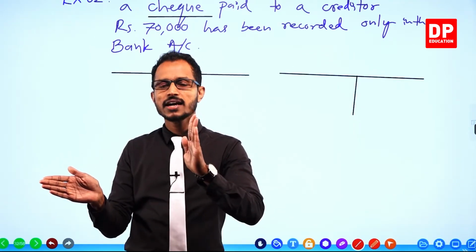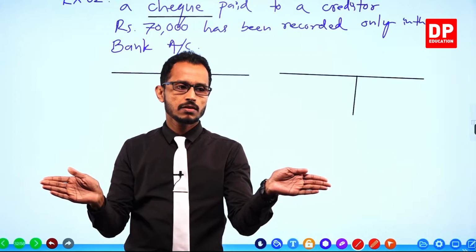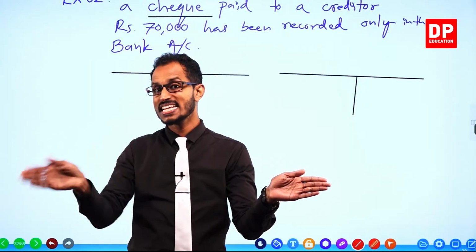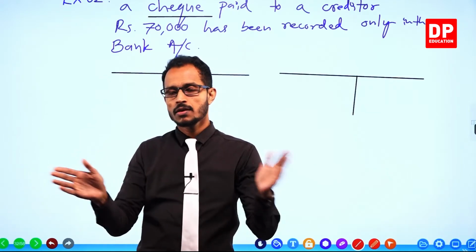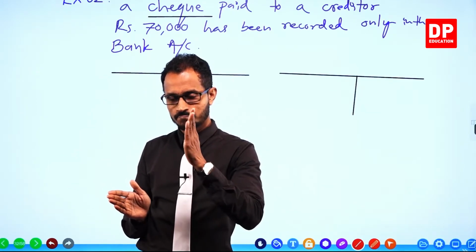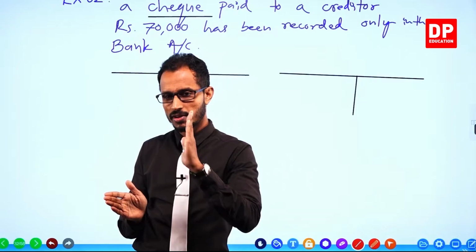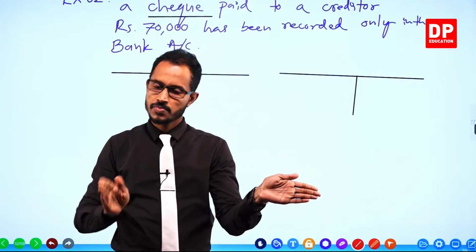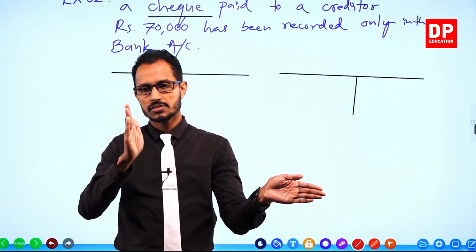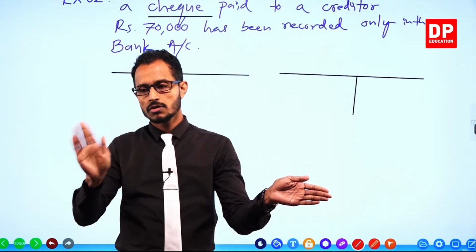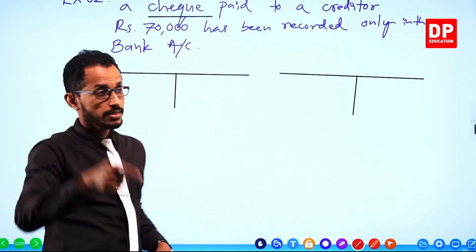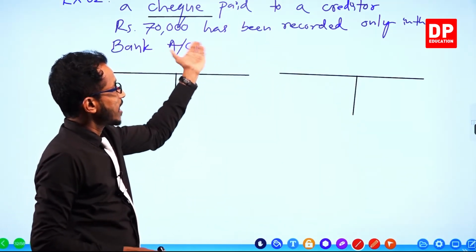Bank account credit, because our bank money goes down, decreases. Creditor liability decreases when we pay them off. So creditor's account debit.